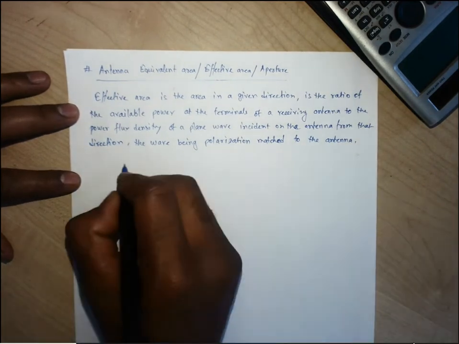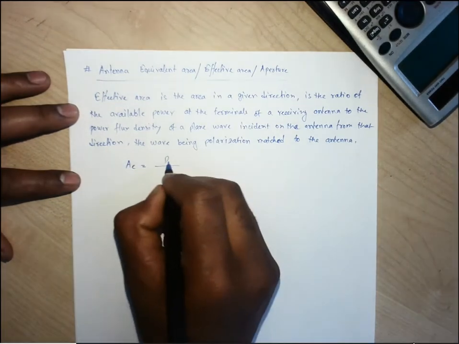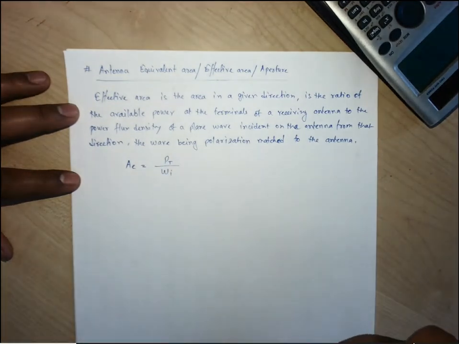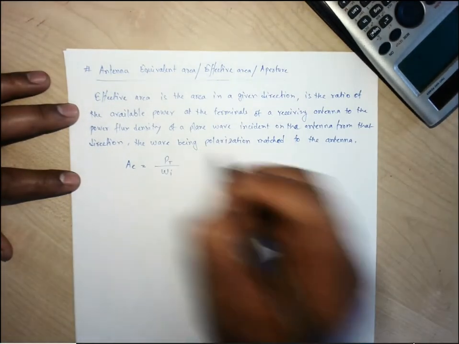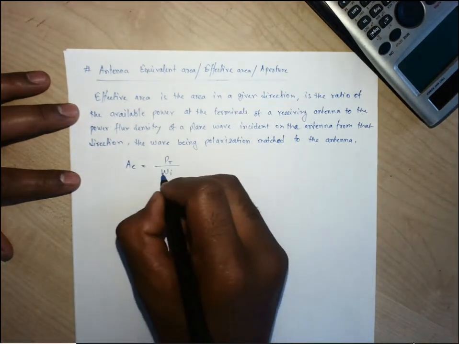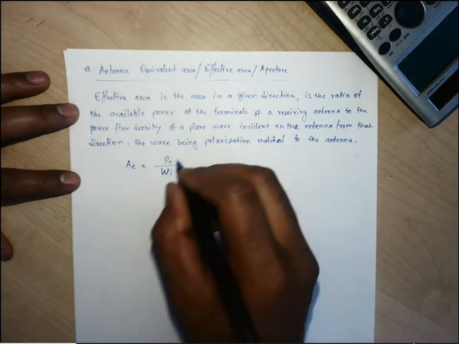Okay, so what we can say, this effective area AE is the total power available at the terminals out of the total flux density from the incoming wave.